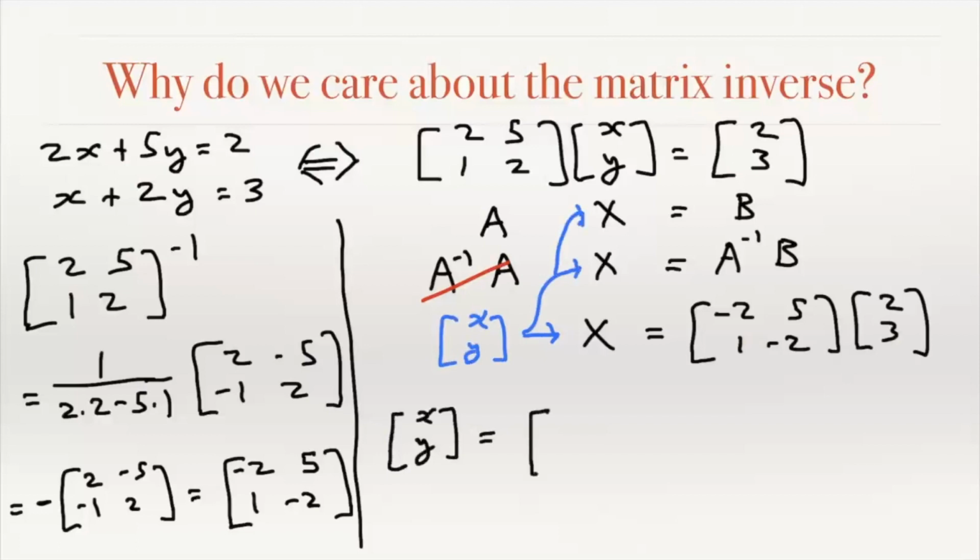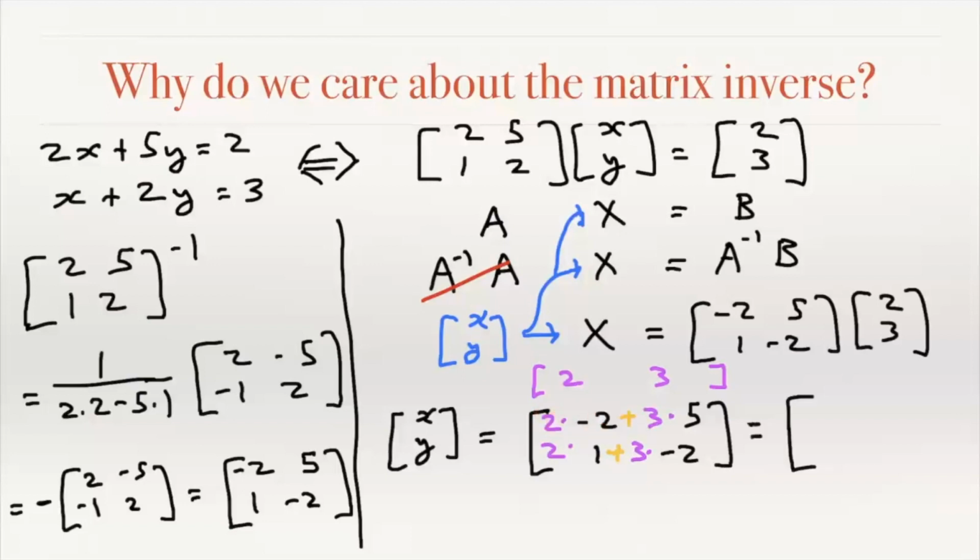Let's compute that. We'll tilt and sprinkle the 2, 3 with products and addition, like such. And the result is negative 4 plus 15 is 11, and 2 minus 6 is minus 4. And that was our x and y.